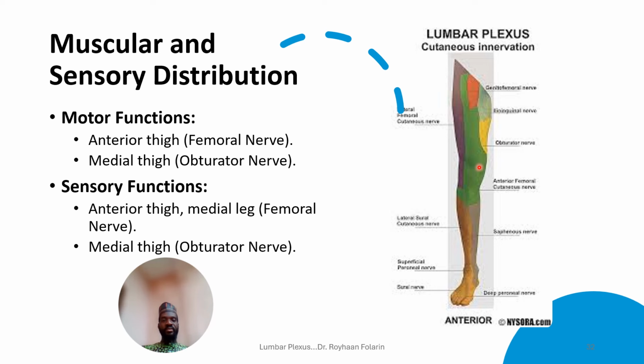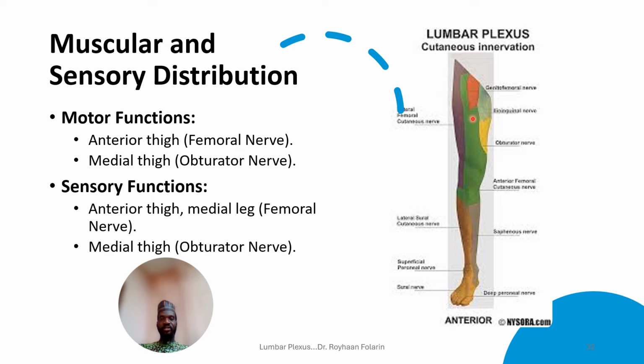The omission of other branches in this list is simply because they have specialized roles. The femoral nerve and the obturator nerve are the primary motor and sensory nerves of the lumbar plexus, with significant contributions to large, functionally important regions, the anterior and medial thigh.